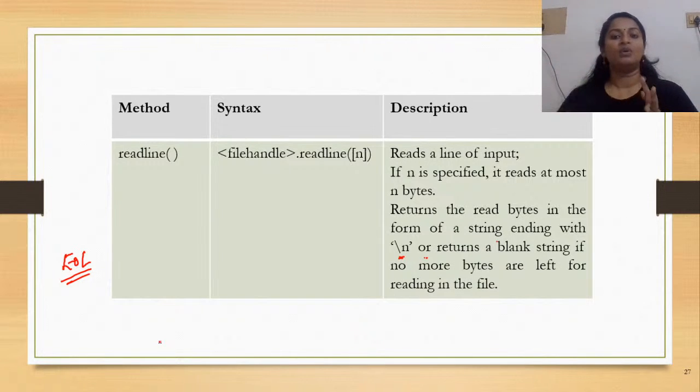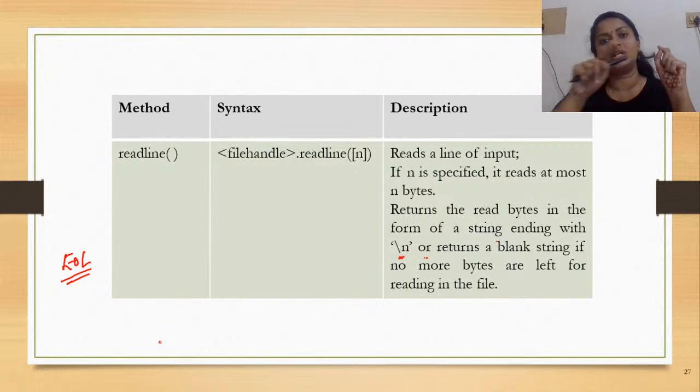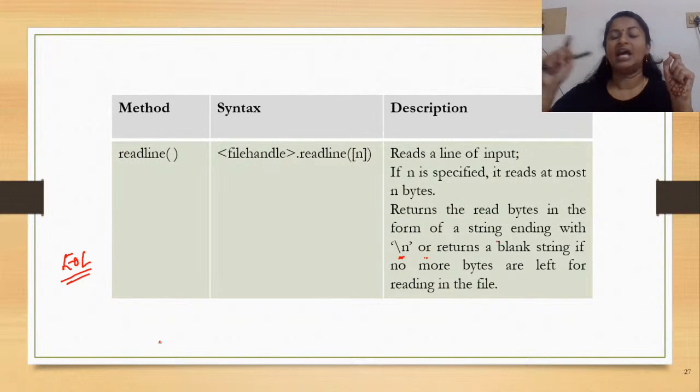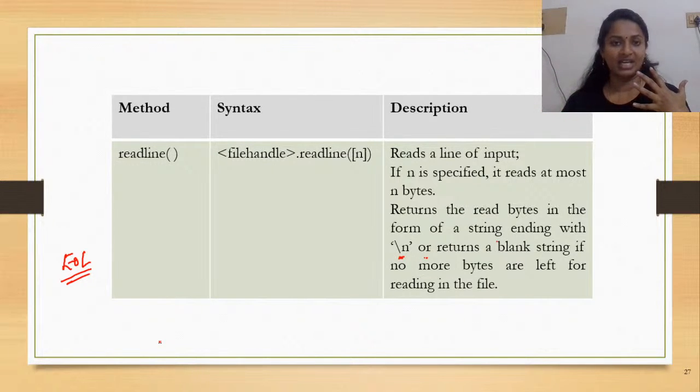What happens when you're trying to read from the file using the method readline? The file handle would be pointing at the topmost, leftmost corner. It will progress towards the right, and whenever it encounters \n, it understands that it has reached the end of line.